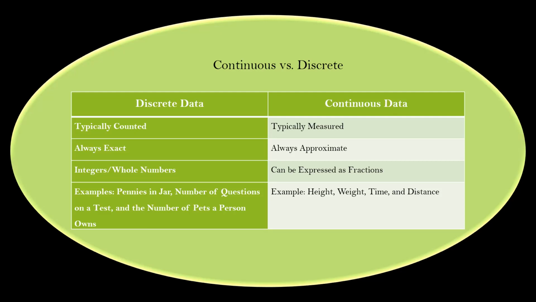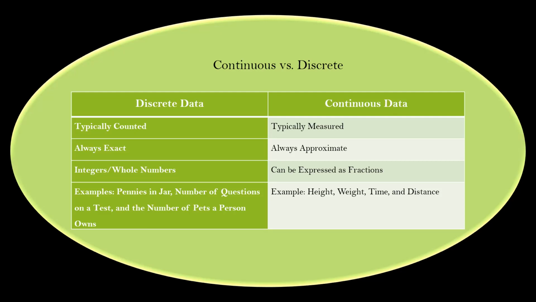So with continuous data, you can take any 2 points. What's between 1 pound and 2 pounds? 1.1, 1.01, 1.001, an infinite number of possibilities. But with discrete data, what's in between 1 penny and 2 pennies in a jar? Well, it's either 1 penny in a jar or 2 pennies in a jar.